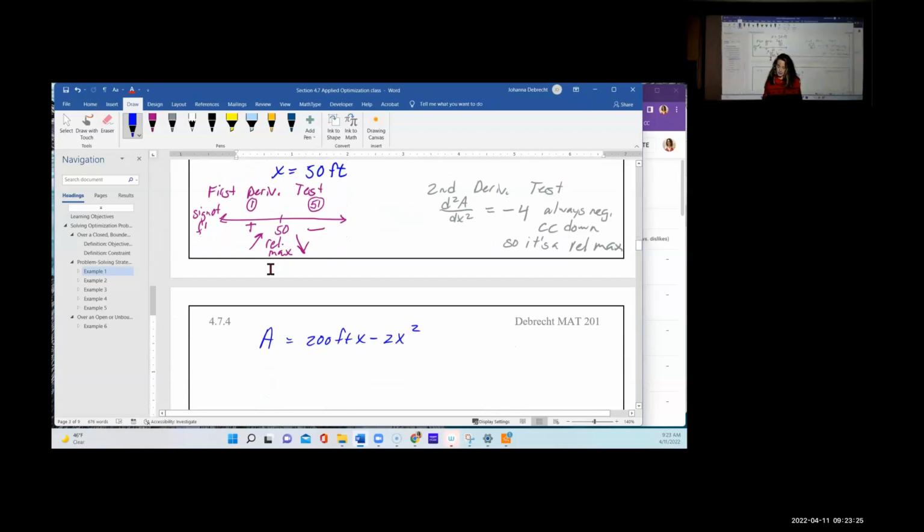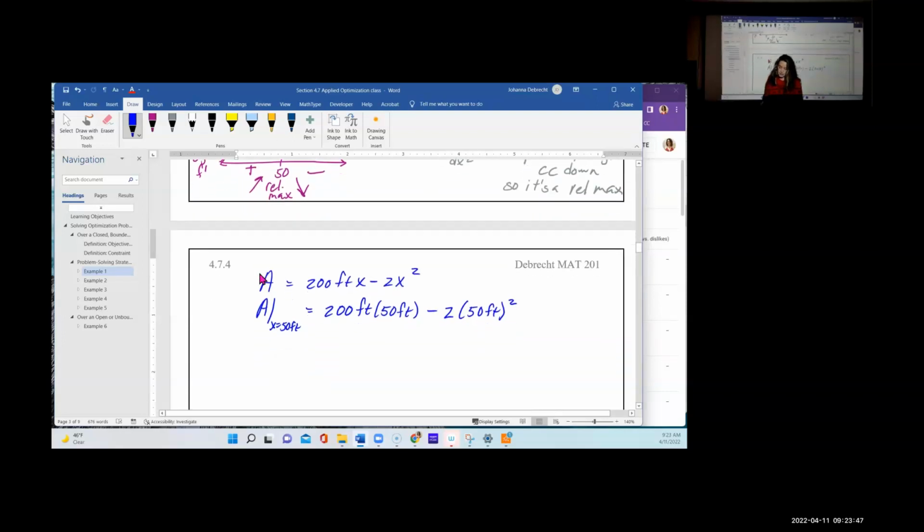And now I'm going to plug in the 50 feet that I got up above. So I'm going to find the area when x equals 50 feet. And this gives me 200 feet times 50 feet minus 2 times 50 feet quantity squared. 200 times 50 would give me 3 zeros after a 10.